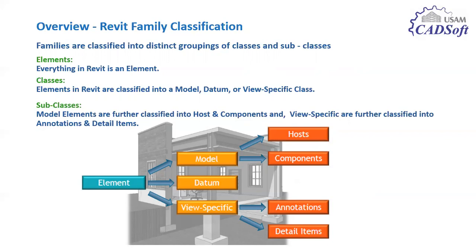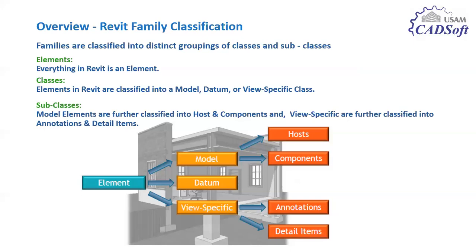When I say classes, you have model elements, datum elements, and view specific elements. So these are the elements which are divided into three different classes. These classes are further divided.